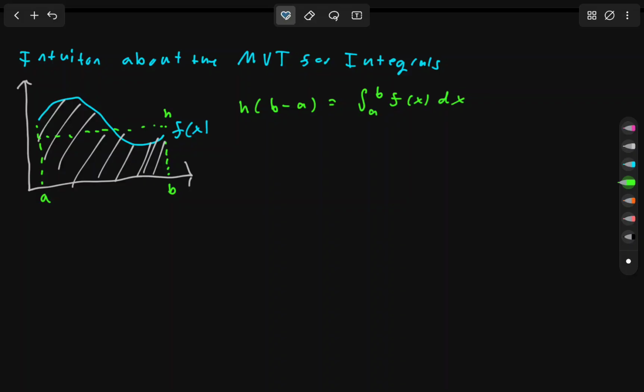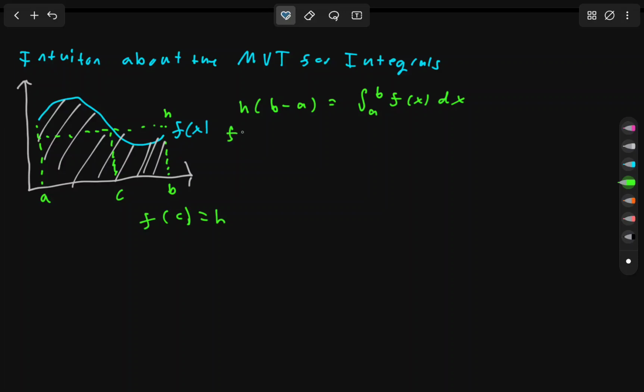Now, what the mean value theorem truly states is that there must be a value c in the interval where f of c is equal to h.